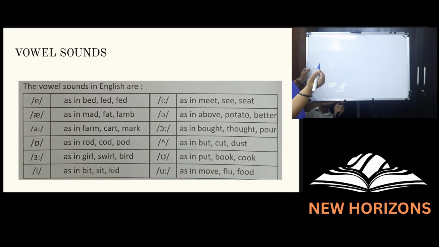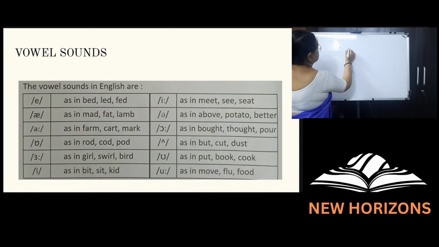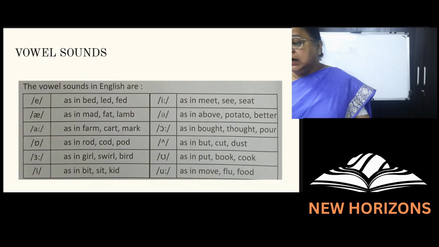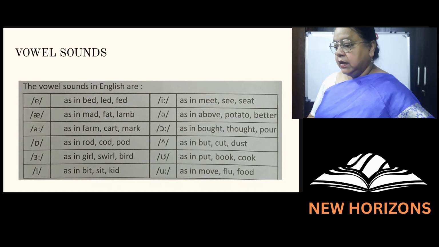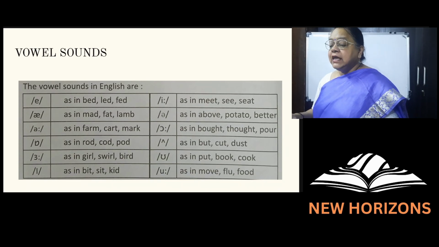So the sound over here is, if you get a symbol like this, the sound being produced is er: girl, swirl, bird. Okay.